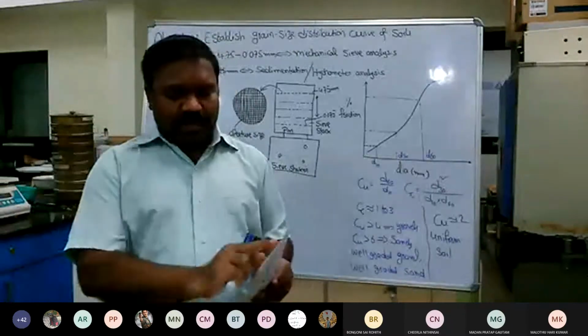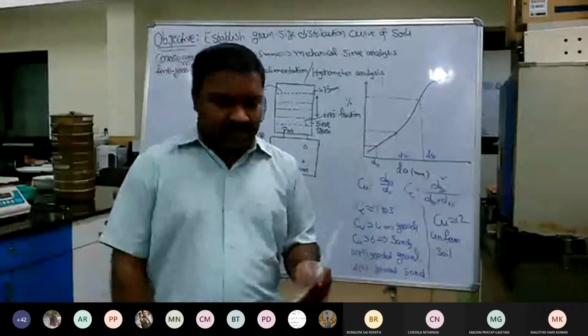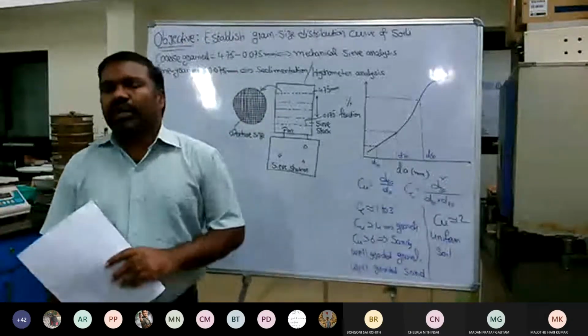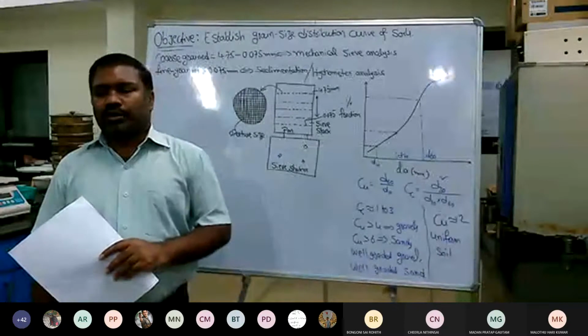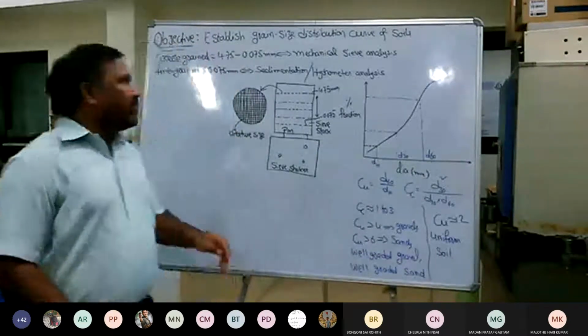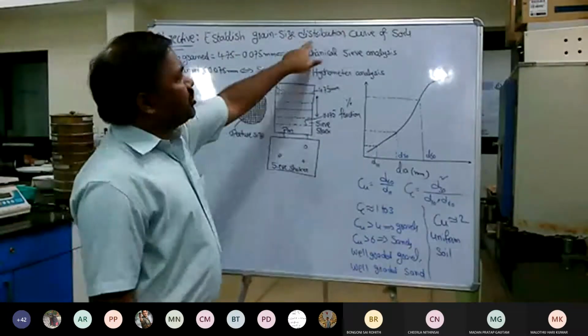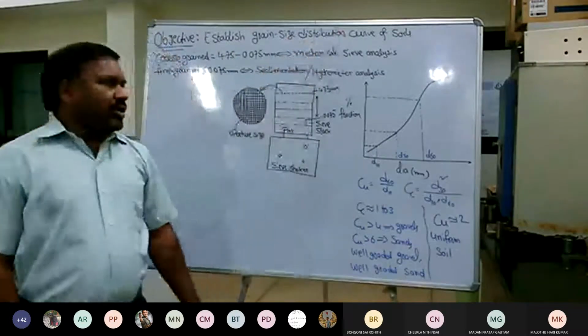So there are two methods under the mechanical analysis. One is the dry method, next is the wet method. So we will give you the demonstration on both of these methods. The objective of the mechanical sieve analysis is to establish a curve called the grain size distribution curve of the soils.